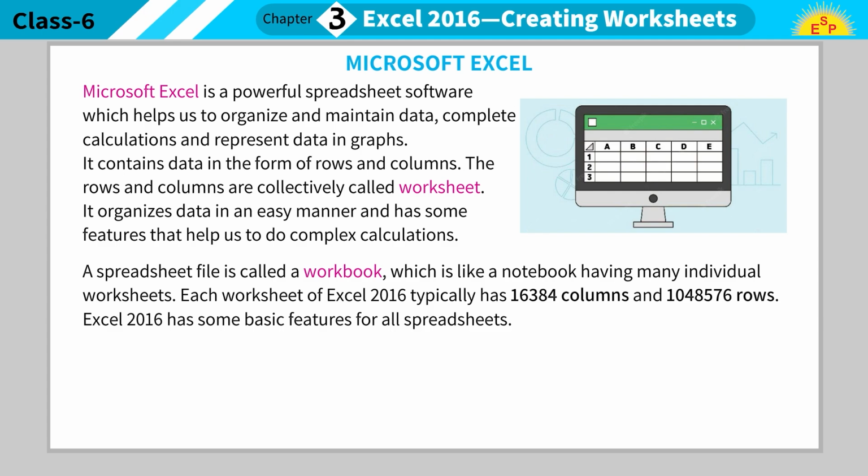Each worksheet of Excel 2016 typically has 16,384 columns and 10,48,576 rows. Excel 2016 has some basic features for all spreadsheets.